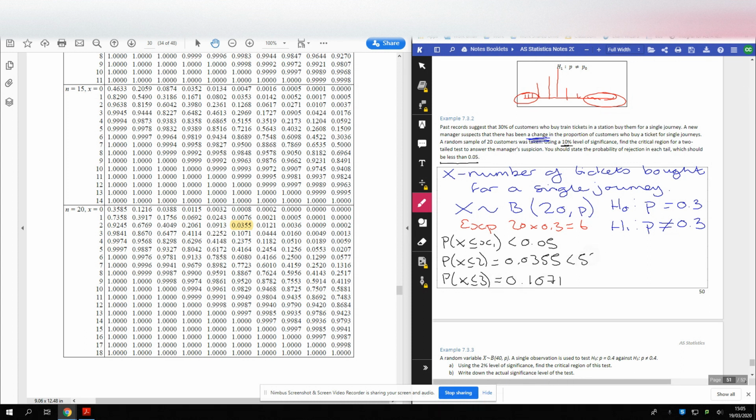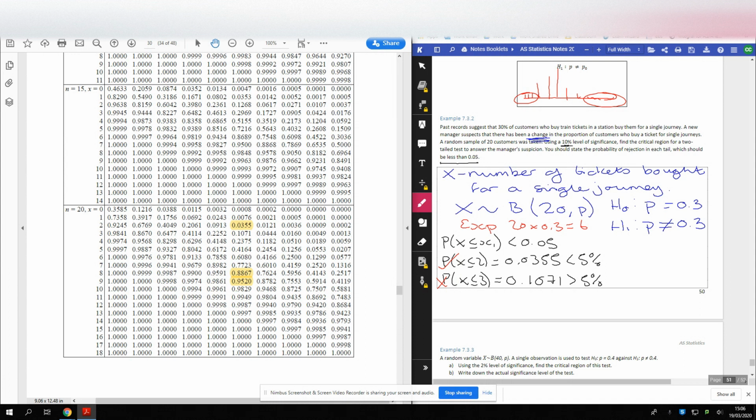That one's less than 5%, that one's greater than 5%, so I am going to go for that one and not take that one. The bottom tail is easier because you can literally just read it off the table because it's already been added up for you. In terms of doing the top tail, we need to consider 1 minus these values. So we're looking at that one and that one.